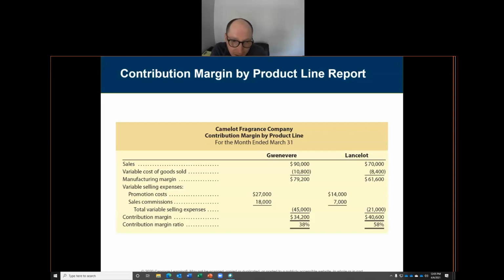This is an example of the contribution margin report by product. We've got our two products. We have our sales minus variable costs equals manufacturing margin, minus variable expenses equals contribution margin. And of course, contribution margin ratio is found by taking contribution margin divided by sales.